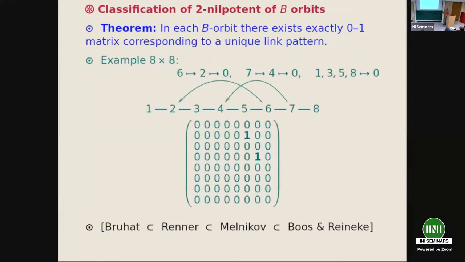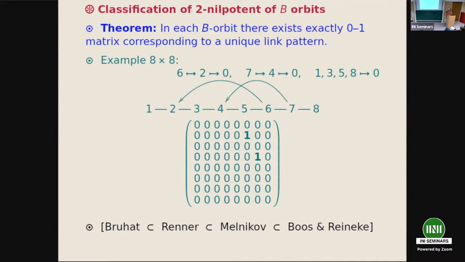Or maybe a theorem. The theorem is the following: if you consider nilpotent matrices, that is, square equals 0, and orbits with respect to the Borel group by acting by conjugation, then in each orbit you can find a matrix that contains 0 and 1s, and this is unique if you demand that this matrix corresponds to a pattern.